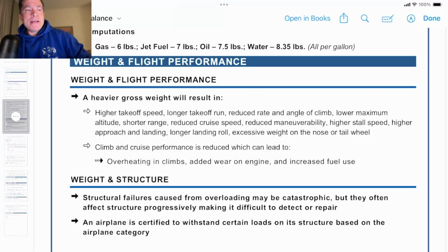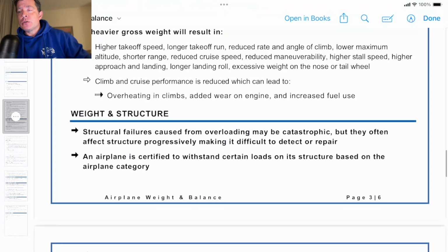There's also weight and structures, some of the structural limits. Structural failures caused from overloading may be catastrophic, but they often affect structure progressively, making it difficult to detect or repair. So you'll be like, well, we loaded this airplane all the time to the roof over and over and over again. If you can fit it in there, it can fly. But metal, as it gets older, it can weaken.